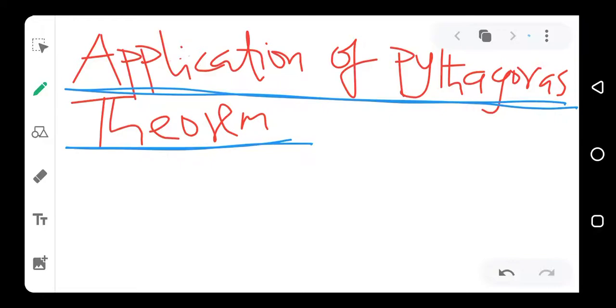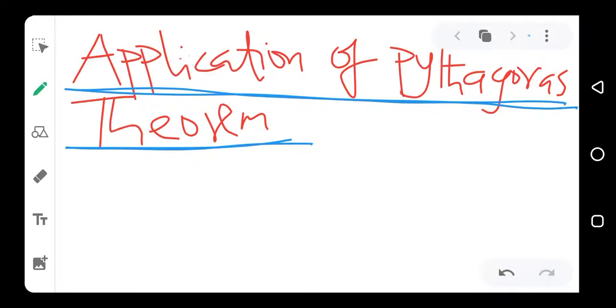Why? Because the tree and the ground, two of them are perpendicular to each other. Anything that makes angle 90 degrees will give us a complete shape that will result in a right-angled triangle. And once we have a right-angled triangle, we can use Pythagoras theorem to find any of the sides that we are looking for.